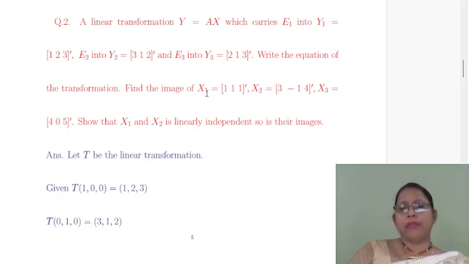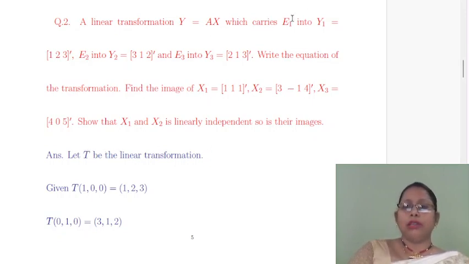We have to find the equation of the linear transformation. Then find the image of the vector x1 given by (1, 1, 1)' vector, and x2 equal to (3, 1, 4)' vector, and x3 equal to (4, 4, 0, 5)' vector, so that x1 and x2 are linearly independent, so are their images. Let T be the linear transformation.